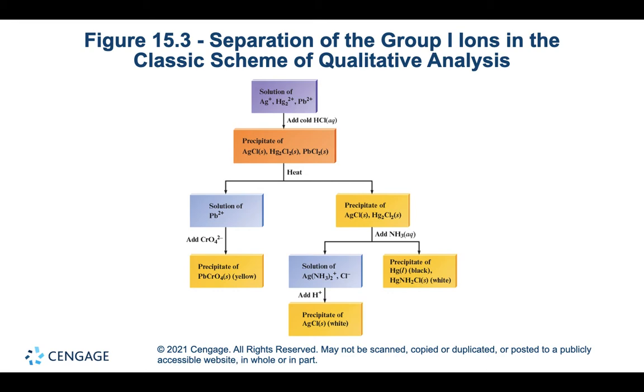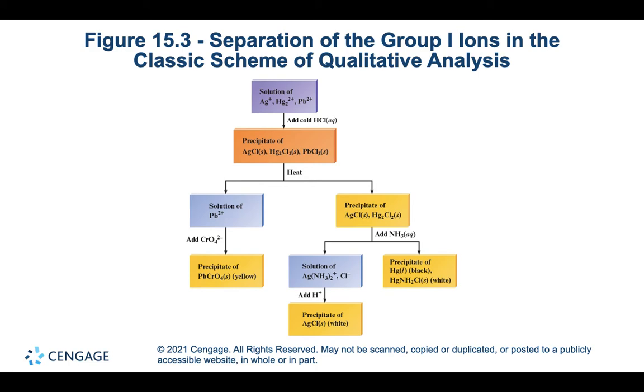So that would get your silver chloride to dissolve because you would get the silver ion making this complex ion with the ammonia. So by adding ammonia to silver chloride, you can redissolve the silver into solution as the silver-ammonia complex ion with coordination number 2. And then by adding H+, you convert your ammonia back to ammonium. So you add a little bit of acid to that liquid that you've poured off. And if the white precipitate reforms, that means you had the silver chloride in it.